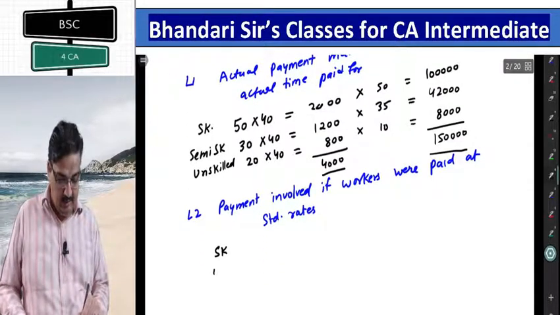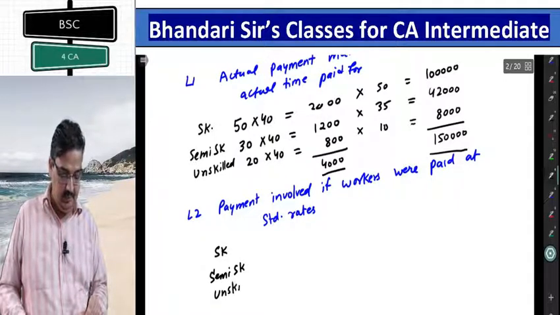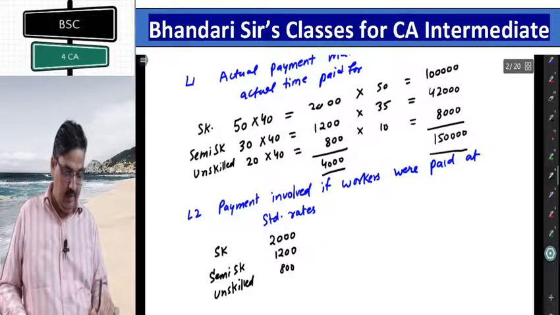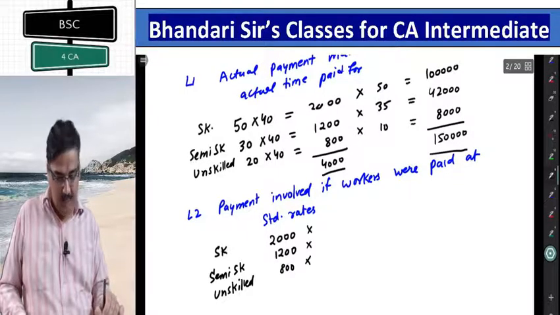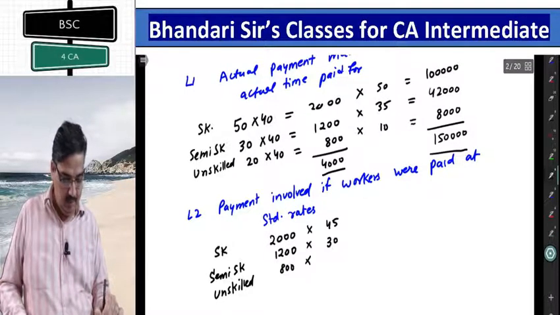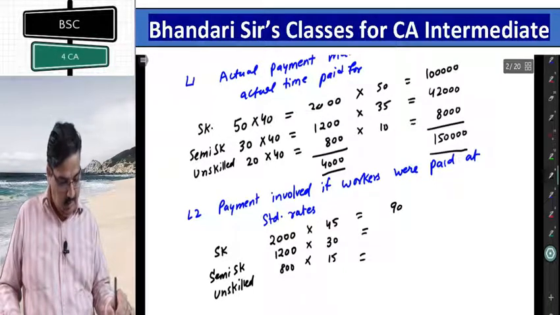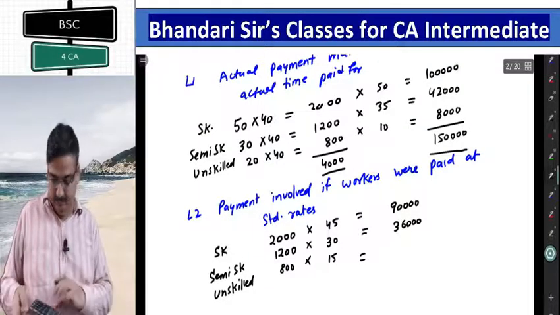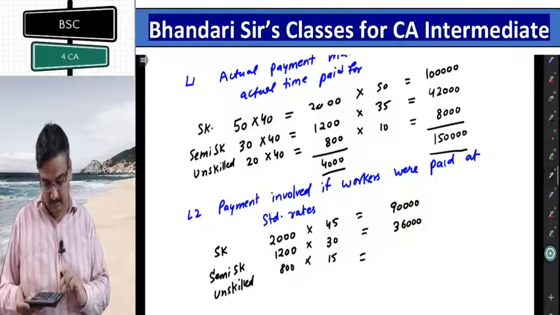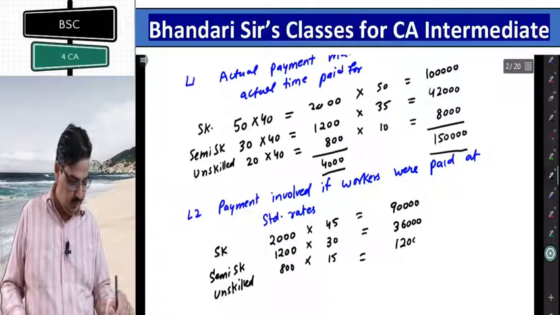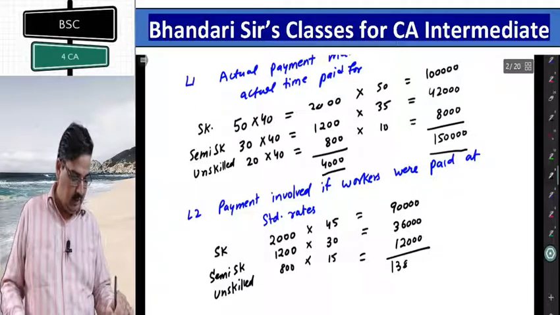This is skilled, semi-skilled, unskilled: 2,000, 1,200, 800 hours. Standard rates 45, 30, 15. That gives 90,000, 36,000, and 12,000. The total is 1,38,000.